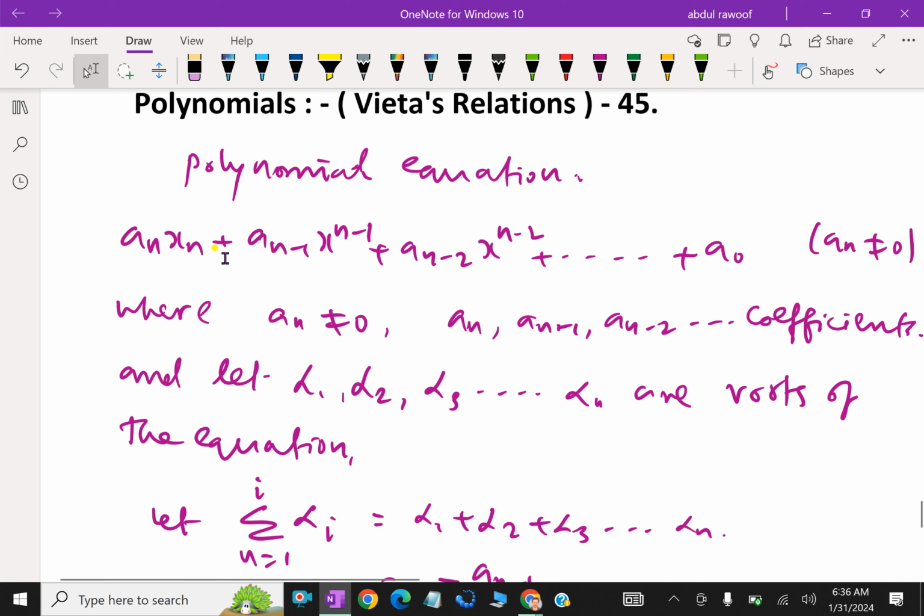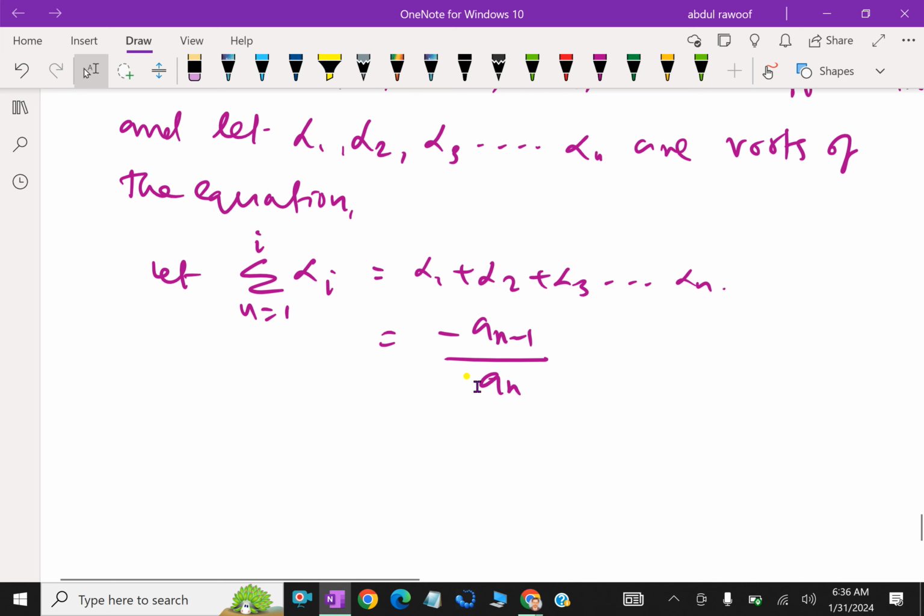Look at here, this is a general expression: the sum of the roots, alpha 1 plus alpha 2 plus alpha 3, is equal to minus a_(n-1), the second term, over the coefficient of the first term, a_n.